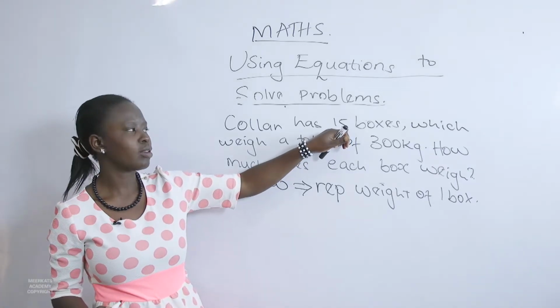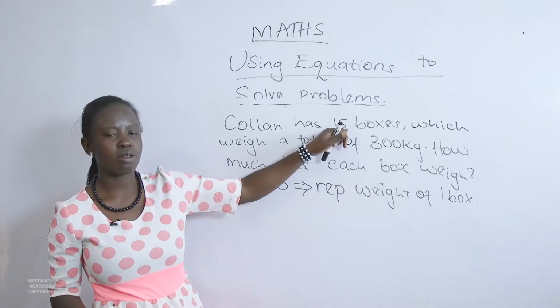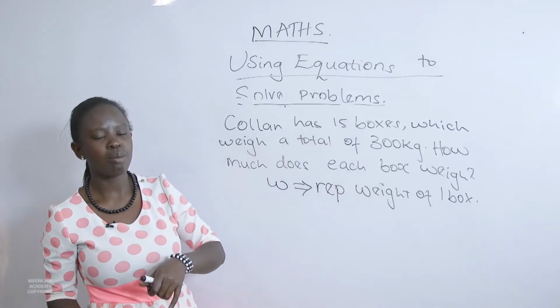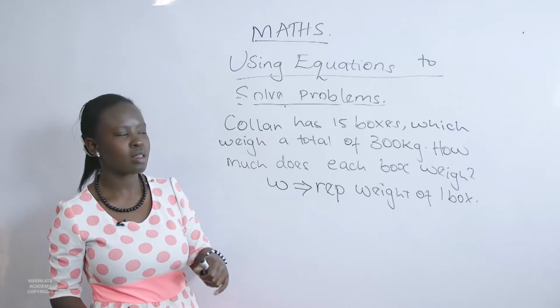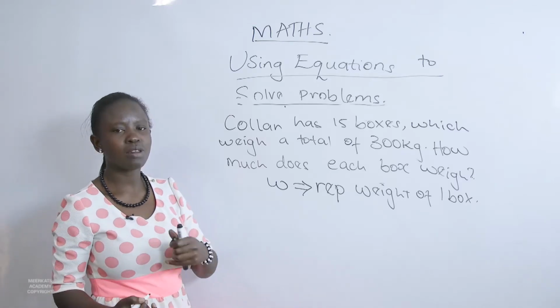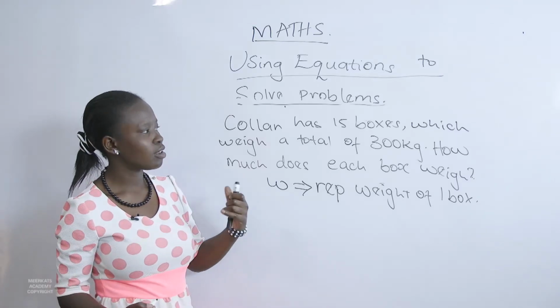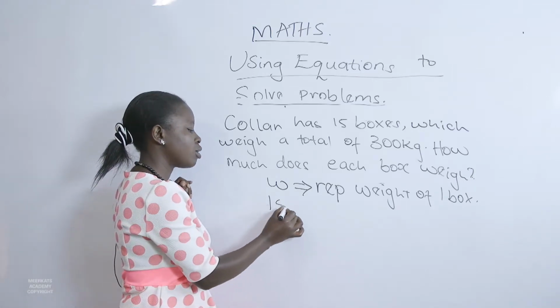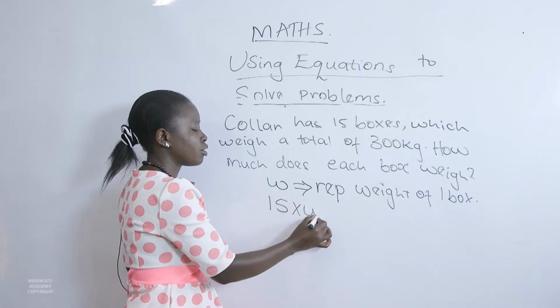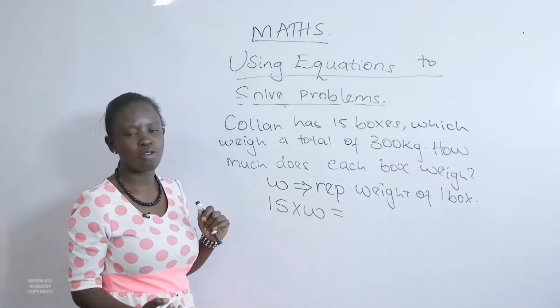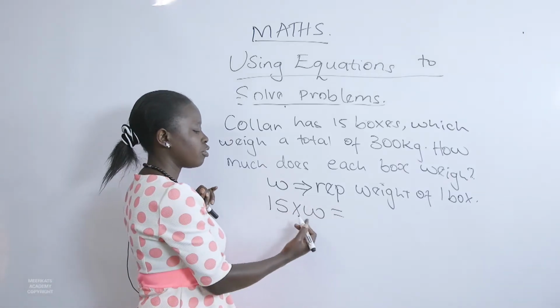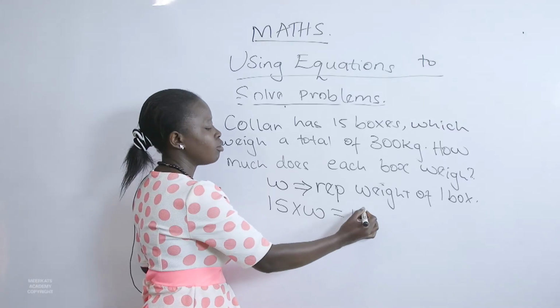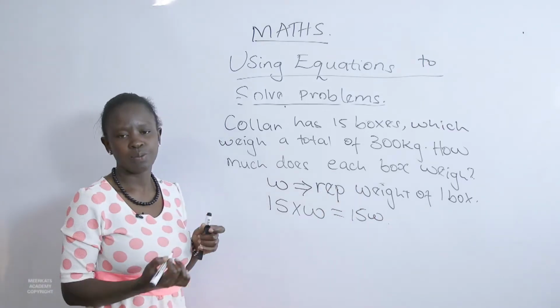To get the total weight of the 15 boxes, we are adding W 15 times. That just means W is being repeated 15 times. So the weight of 15 boxes is simply 15 times W, and 15 times W is 15W.